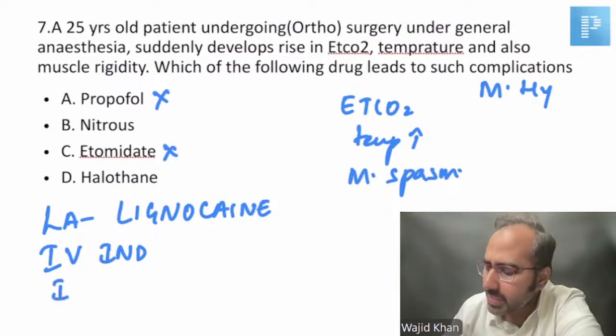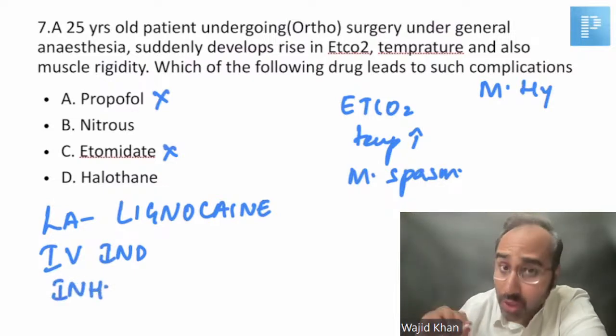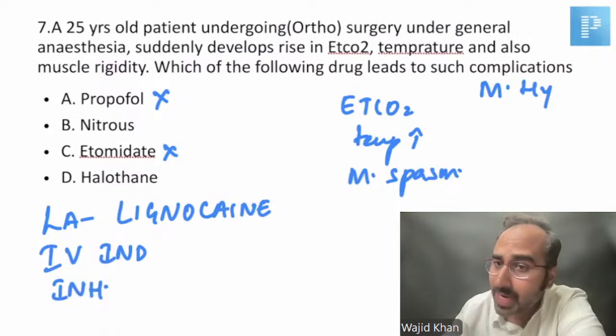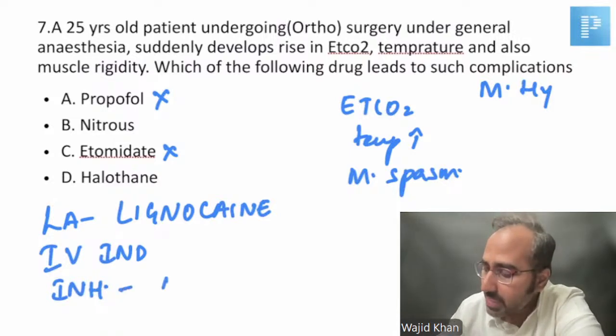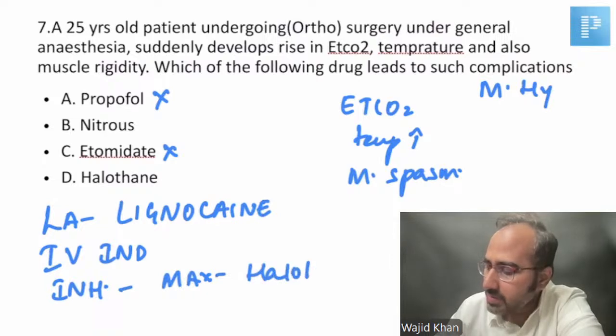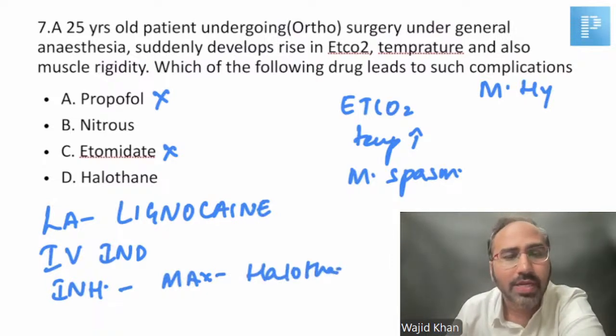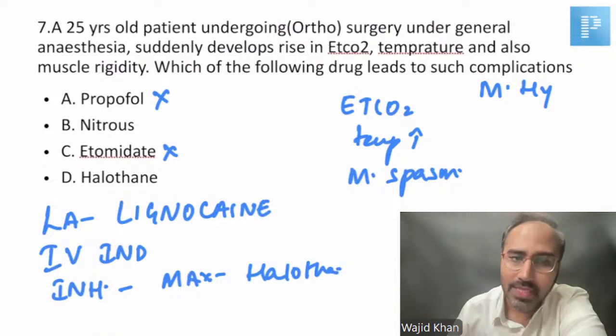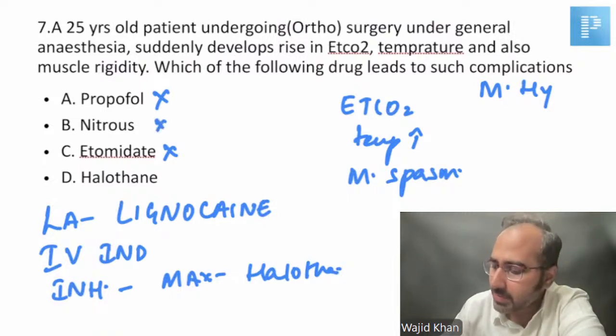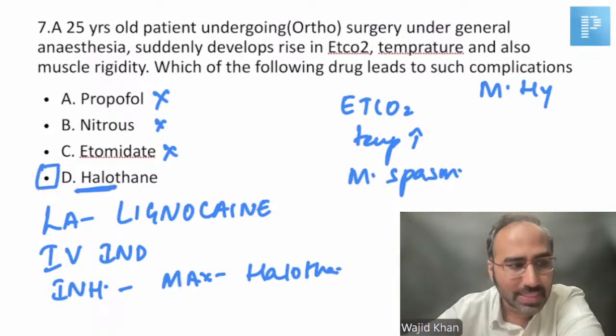How about the inhalational agents? Almost all inhalational agents cause malignant hyperthermia, but maximum incidence is seen with halothane. Nitrous and xenon are usually safe. They cannot cause malignant hyperthermia. So the one causing malignant hyperthermia is halothane.